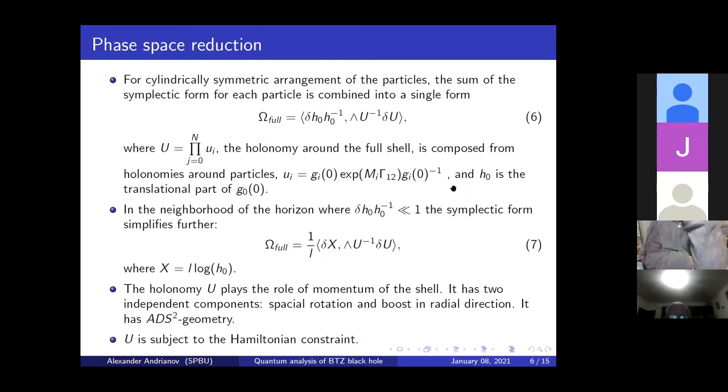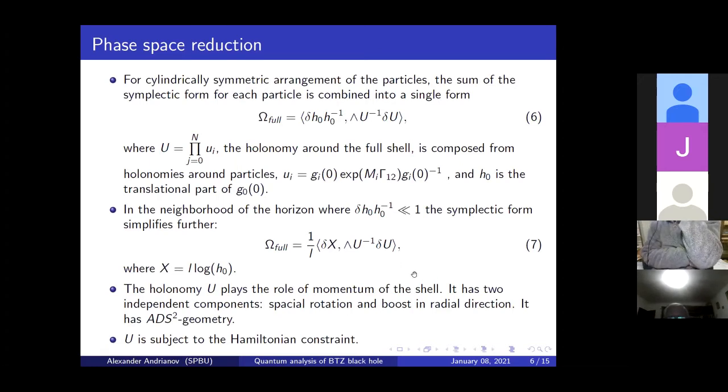For the cylindrically symmetric arrangement of the particles, the sum of the symplectic forms for each particle is combined into a single form, this one, where U is the holonomy around the full shell, composed of holonomies around particles, as shown in the picture.